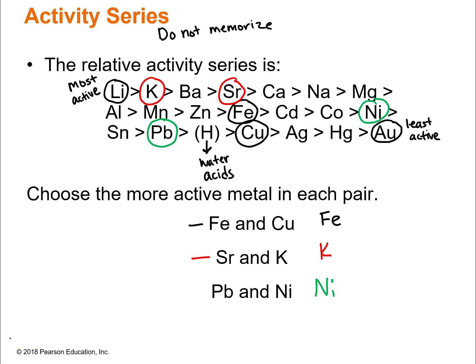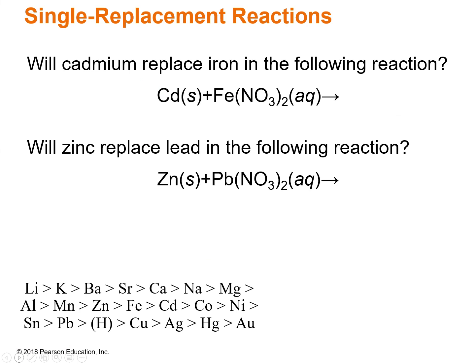But we can get a little bit more complex. And we can ask some questions like, will cadmium replace iron in the following reaction? And I've got the reactivity series below. I've got solid cadmium. I'm adding that to a solution of iron 2 nitrate. What I do here is I look up the two metals.